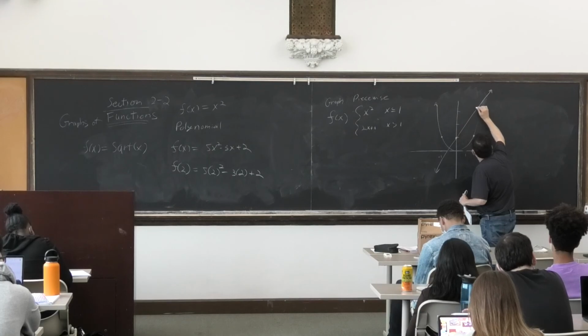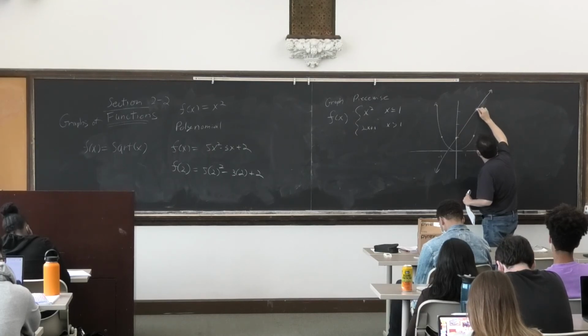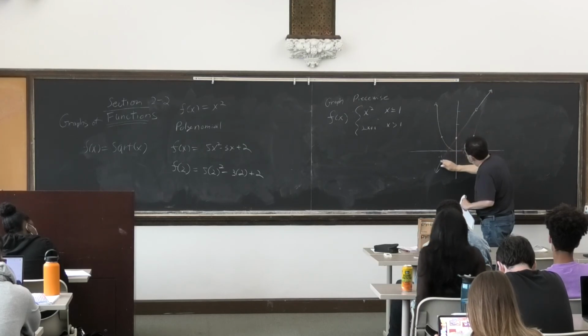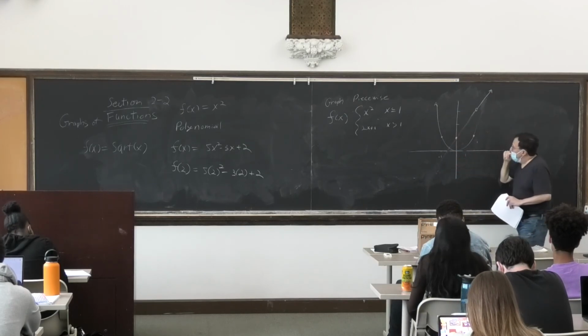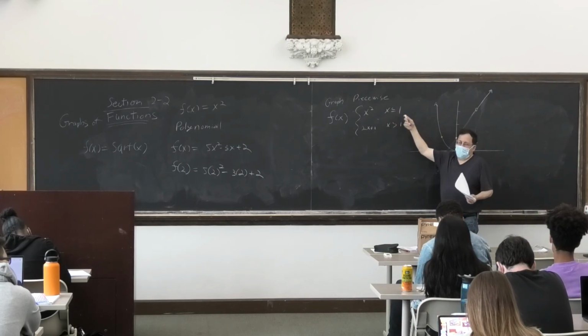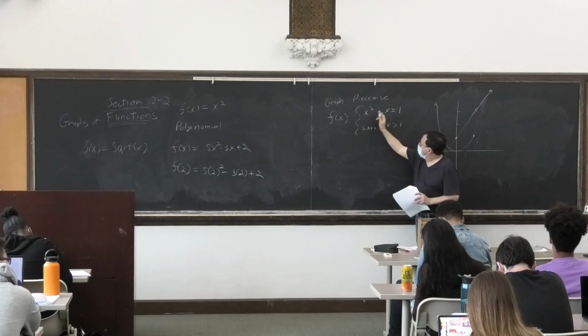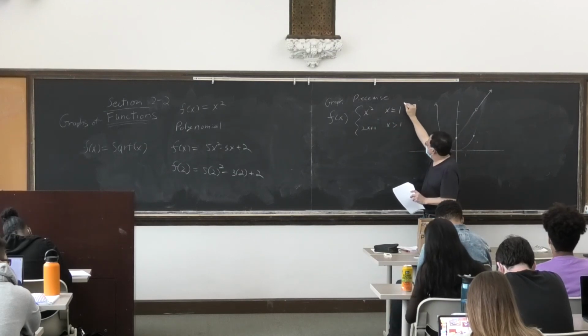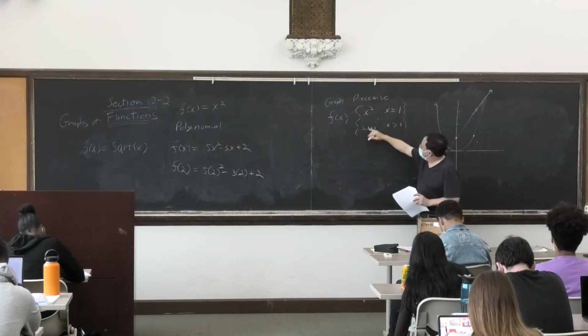So yeah, I'm going to put a little circle here to indicate this point is not included, and I'm just going to erase this. So again, with a piecewise function, it's not really different from graphing a regular function. You just have to be wary of what the limits for each piece of it are.